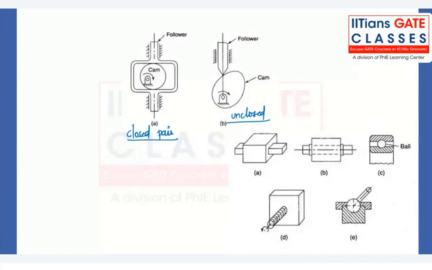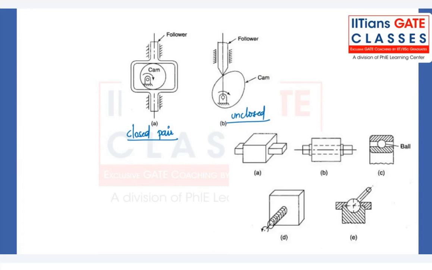So the elements of a pair like cam and follower are held together mechanically, and that's why we call it a closed pair. But whenever the elements of a pair are not held together mechanically, they are just together because of gravity or spring action, then we call it an unclosed pair.